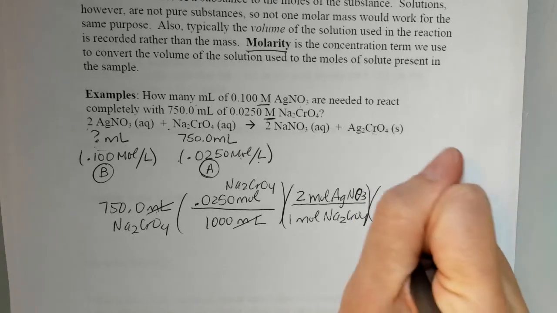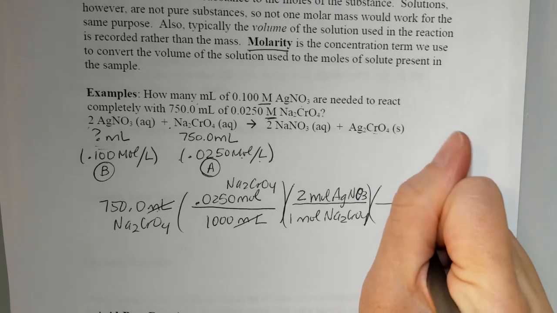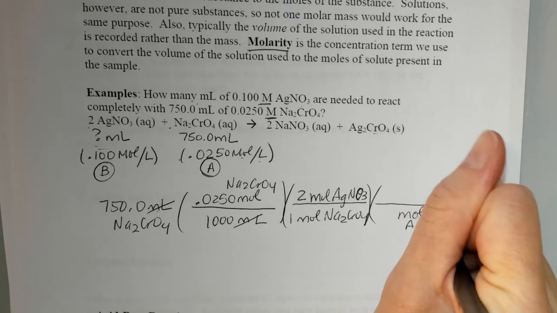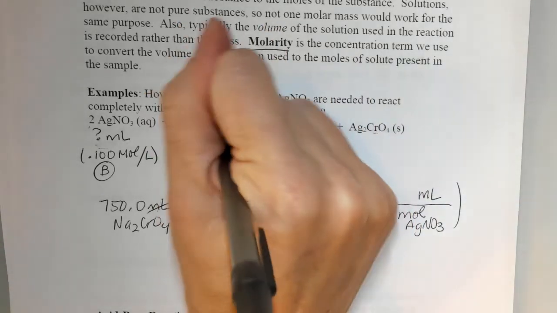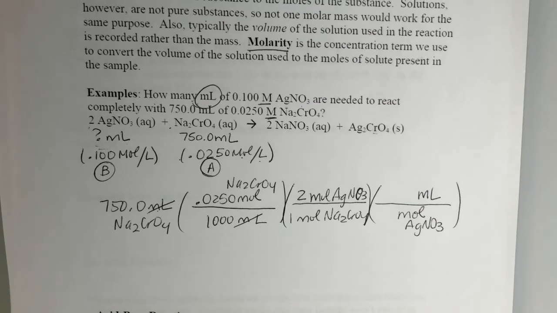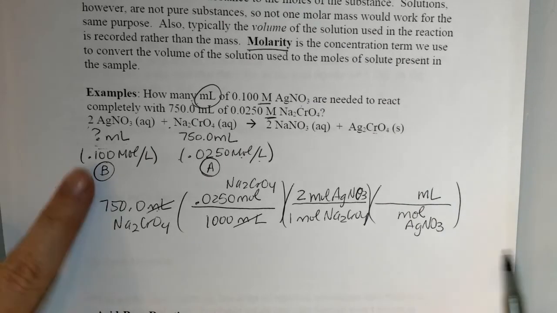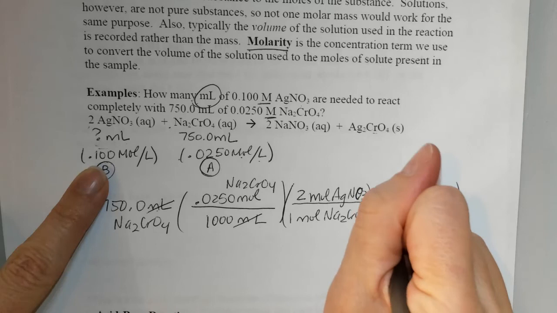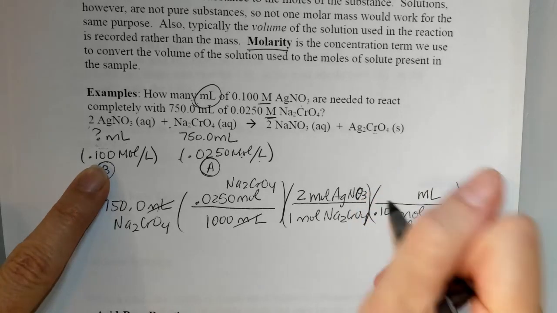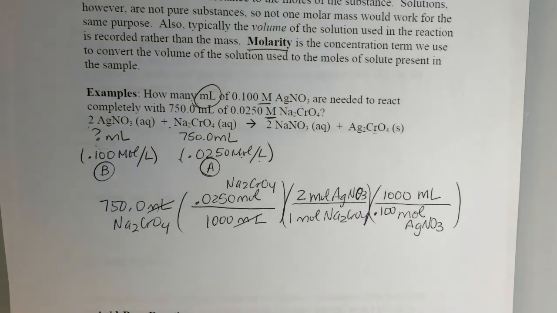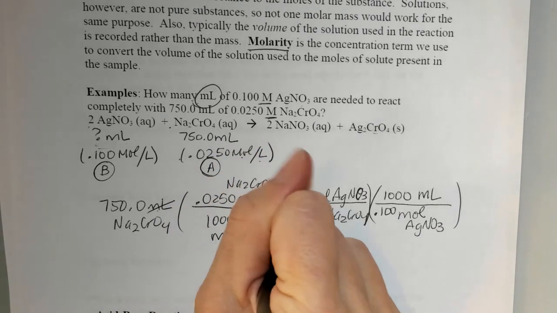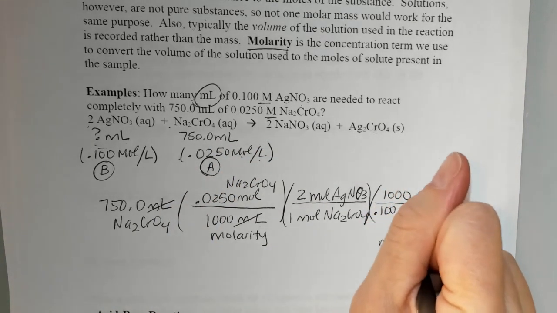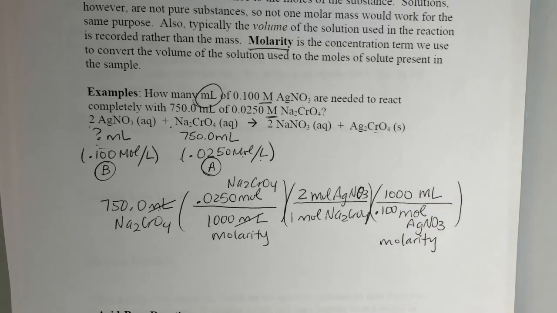Then the last thing here is we need something that gets rid of moles of silver nitrate, and it goes to milliliters because that's what the question was looking for. All right, and again, moles per liter, that's molarity. So 0.100 moles per liter or 1,000 milliliters. So molarity is taking the place of molar mass because we're dealing with volumes instead of mass.